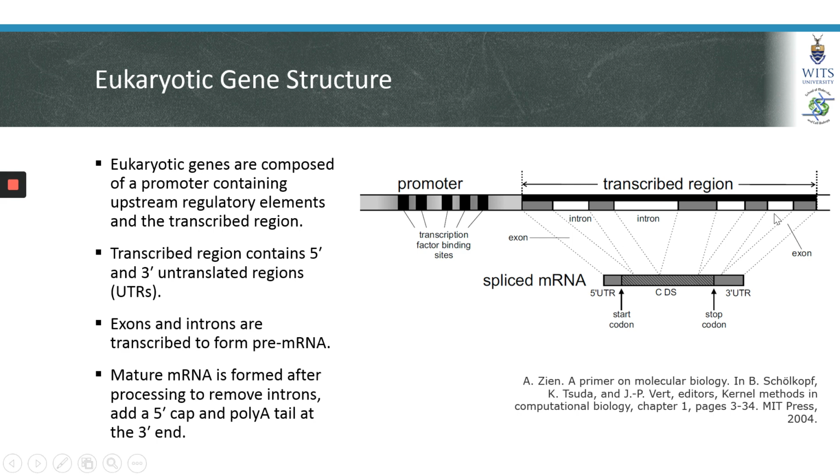The entire transcribed region is also not translated into the protein. Therefore, all these regulatory elements play an important role in regulating how a gene is expressed and when a gene is expressed. So when we're thinking about a gene, it's not just the coding region. It's the transcribed region as well as the regulatory elements that are involved in determining when that gene is expressed.